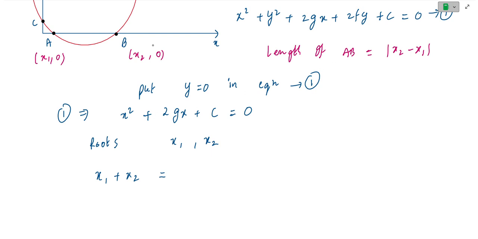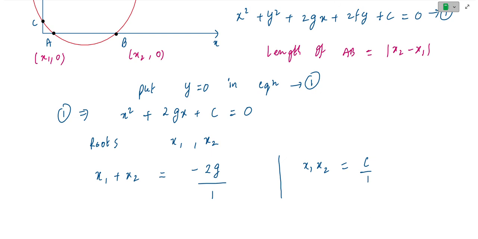The x coefficient is 2g, so the negative of it is minus 2g, divided by the x square coefficient, which is 1. So x1 plus x2 is minus 2g. The product of roots is the constant term divided by the x square coefficient. The constant term here is c, and the x square coefficient is 1.